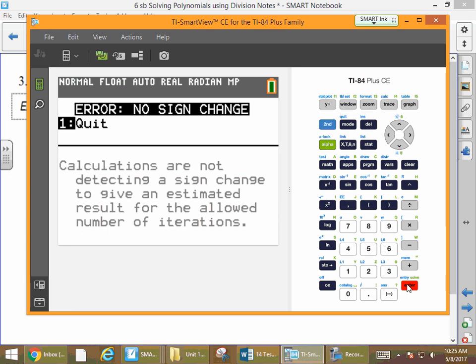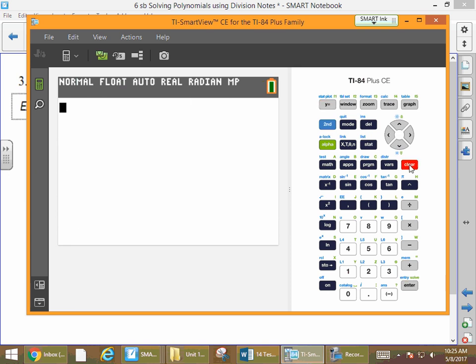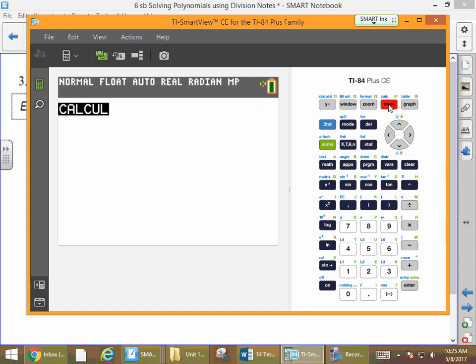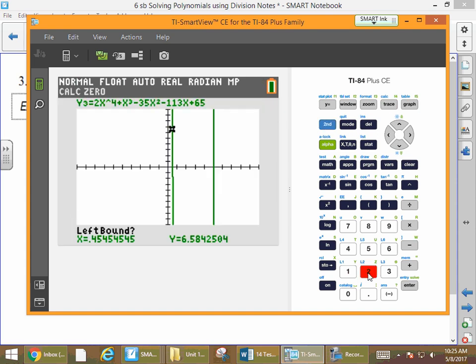Yep. Let me try that again. Sorry about that. One more time. Second, trace, zero. So there's that. I'm going to go left. Maybe I'll go left one more time. Enter. So there you can see the dotted green line a little bit to the left.